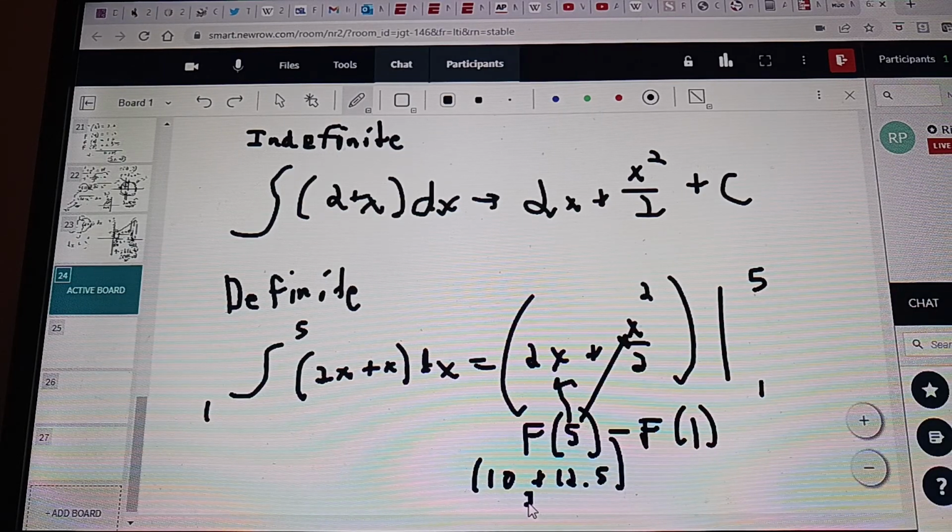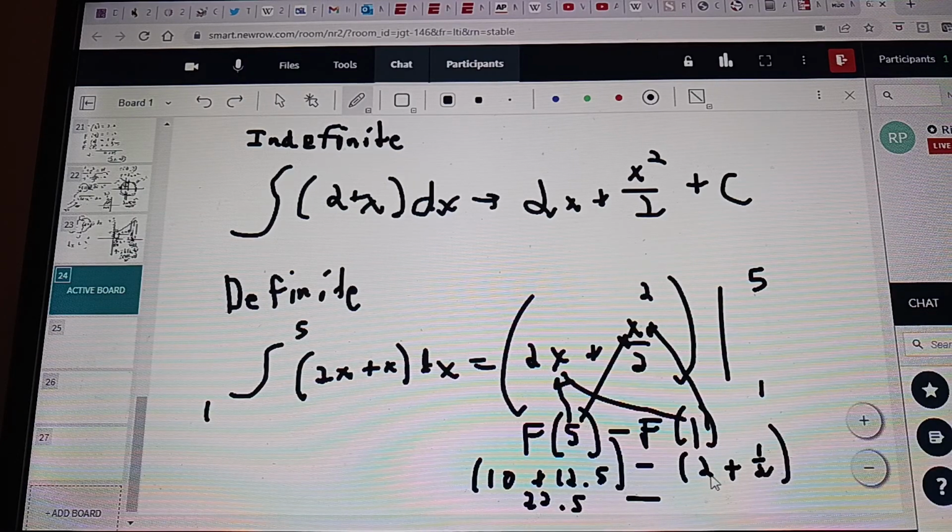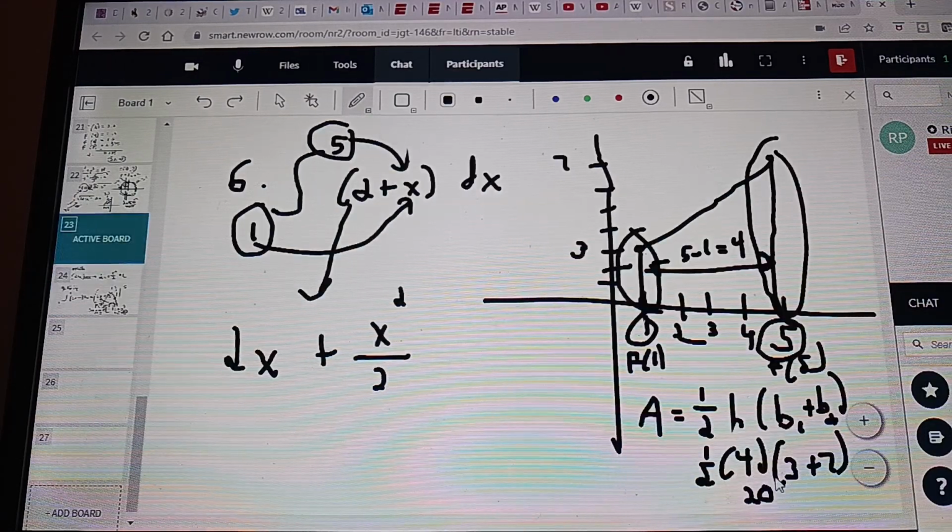So this is 22.5 for this part, minus f of 1, which would be 2 times 1 is 2, and 1 squared is 1, divided by 2 is a half. So this is 2.5 right here. 22.5 minus 2.5 is 20, see? That's what we got right here, 20.